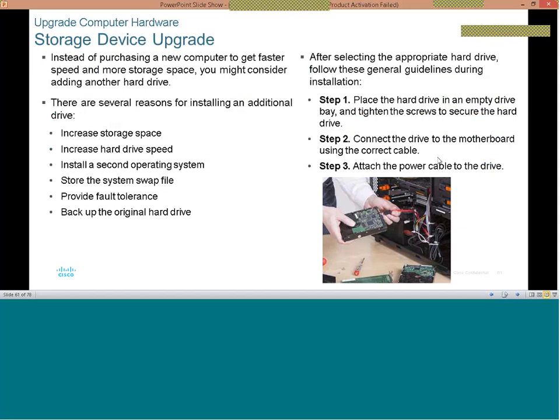Provide fault tolerance because of the alternative routes to take, and back up the original hard drive because there are now two or more. When you back it up, as you can see in the picture to your right, the technician is plugging in another hard drive with the intention to back up the original information.